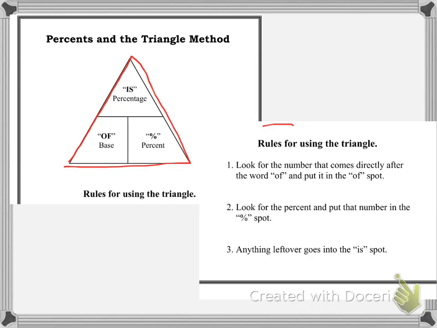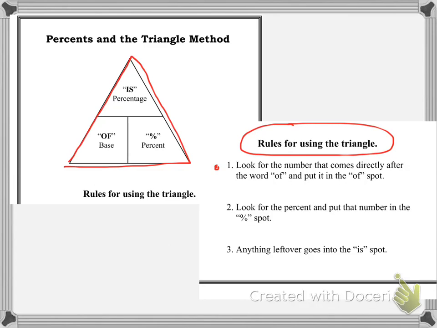And over here are the rules for using the triangle method. Now you're going to have to read some word problems. Rule number one is look for the number that comes directly after the word of, and put it in the of spot. Write these rules down.